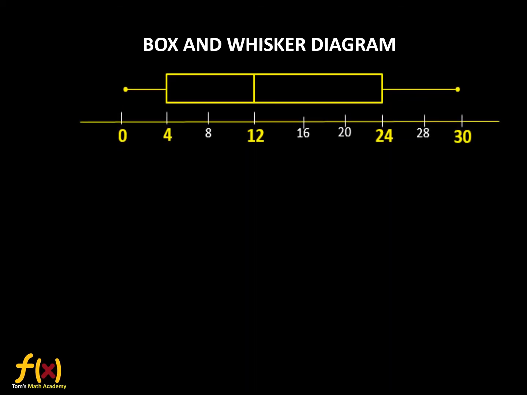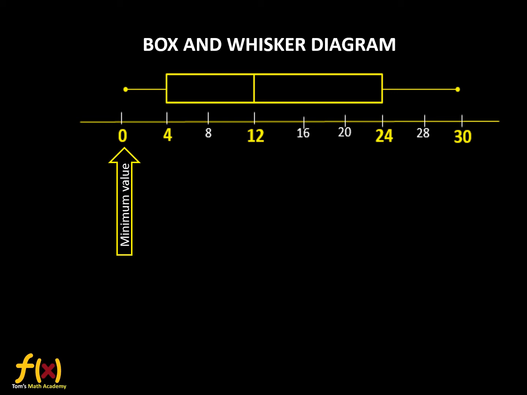Now we learn about box and whisker diagram. It's a very important topic for grade 11 and also for grade 12. It's a statistical graph representing informations of the important values in a data using box and whisker diagram. You can see the box, and on both sides you can see whiskers, that straight line.